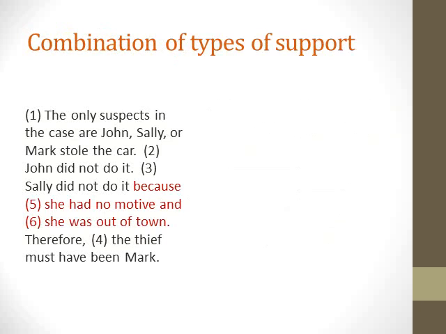Okay, so by now you should be familiar with convergent support and how to depict that in a diagram, as well as linked support and how to depict that in a diagram as well. And sometimes I get asked whether it's possible to have an argument that combines both the linked support and convergent support in one diagram.